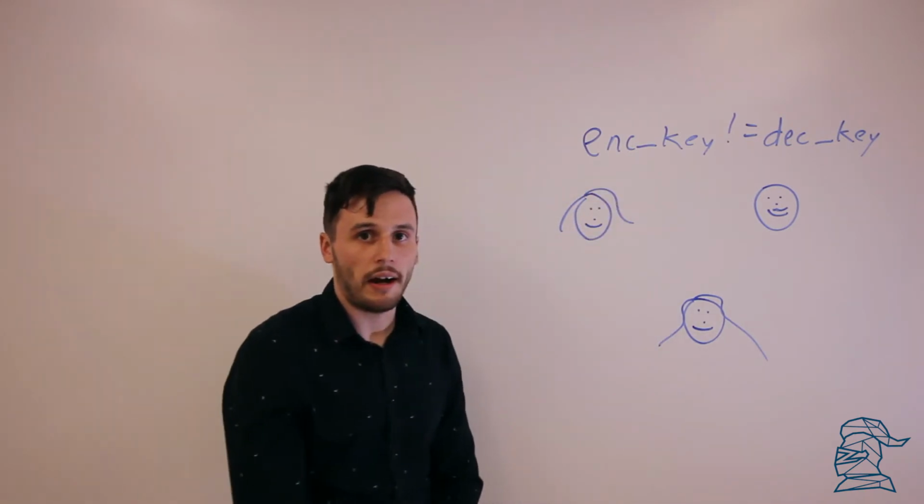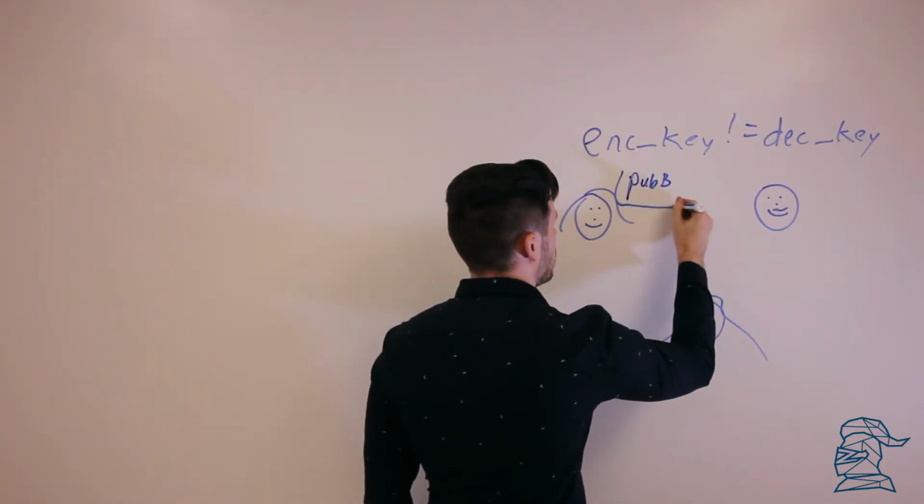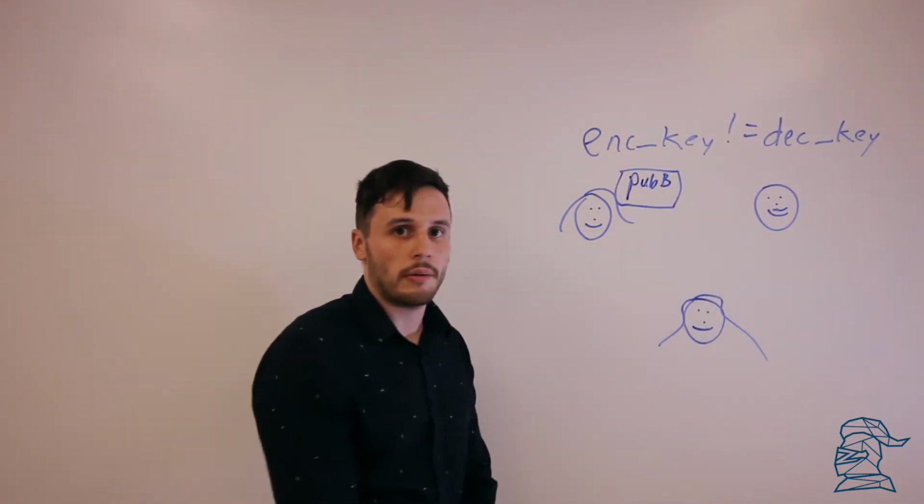So, if Alice wants to talk to Bob, she needs to use Bob's public key to encrypt her message.